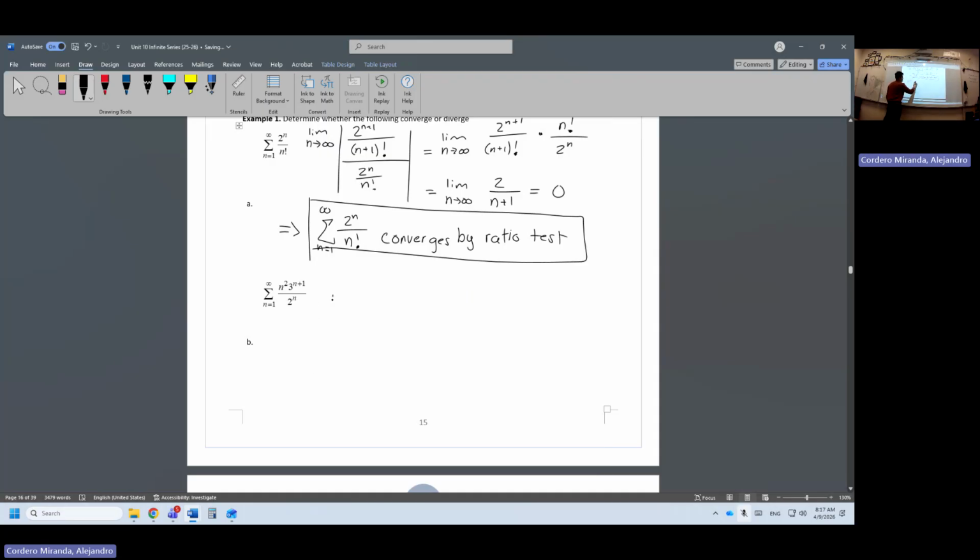Again, we're taking the ratio test, so that would be the limit as n goes to infinity of next term over current term. So see if you can set that up if you're not using a pen. This one's a little bit tricky. Let's set up the initial ratio at least.